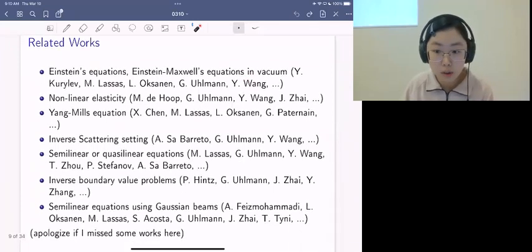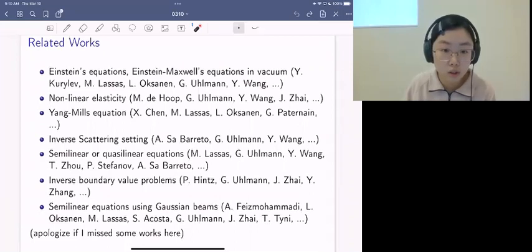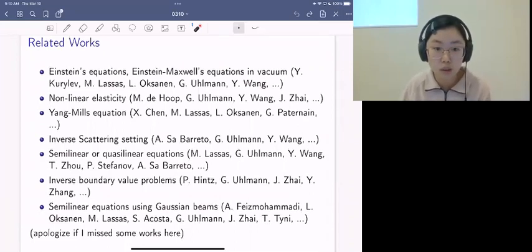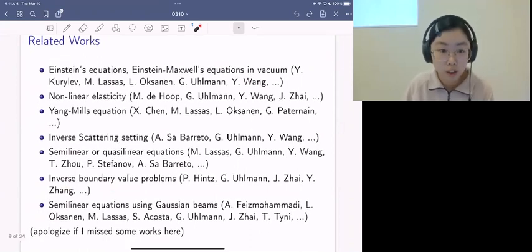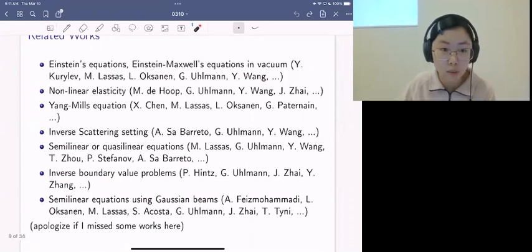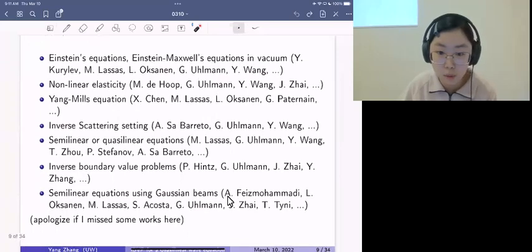There are also some works that consider the recovery of nonlinear terms given a metric using Gaussian beams. Today we will focus on the related works for inverse boundary value problems. Here I only listed the works related to nonlinear hyperbolic equations. I'd like to apologize if I missed some of them.